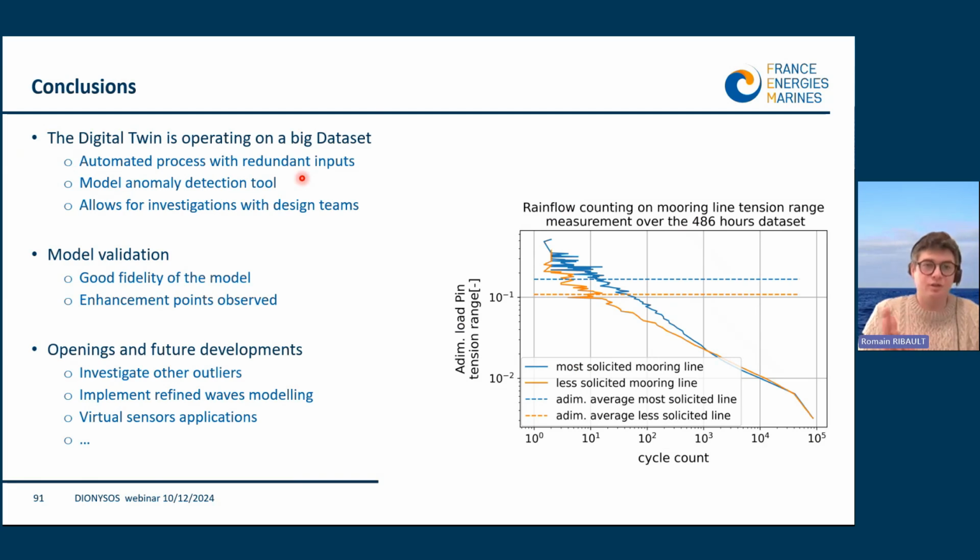Well, as a conclusion, we have a fully automated process to make operational simulations. Operational simulations allow us to detect anomalies quite easily. And if you think about Adrien's presentation, there are quite a lot of techniques that we can apply to detect anomalies, interestingly.